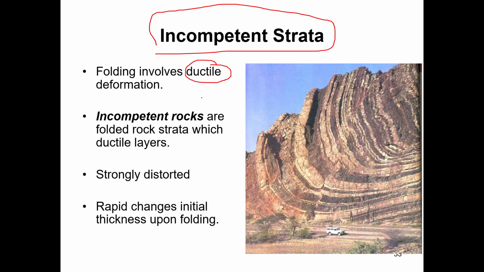For example, this is the folding. You can see this is quite a thick layer on this side, but it changes to quite a thin layer here. So the thickness is changing because of that deformation, and we call that an incompetent structure.